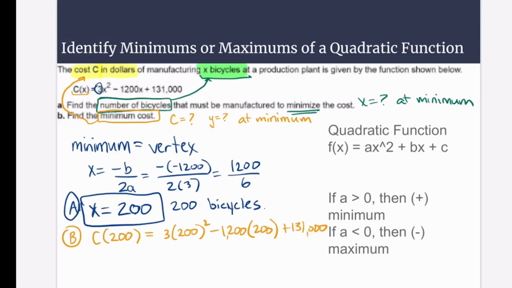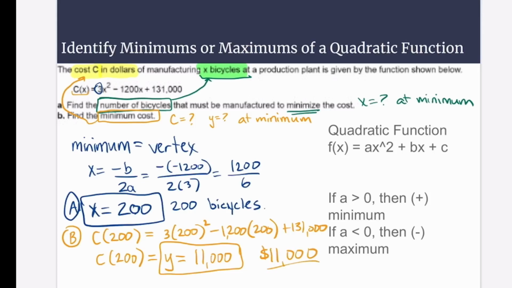You don't have to do piece by piece. And that gives us 11,000. So the cost at 200 bicycles, or the y value, is 11,000. So it's asking for the cost. The cost is $11,000. That's how you identify minimums and maximums. Easy peasy.